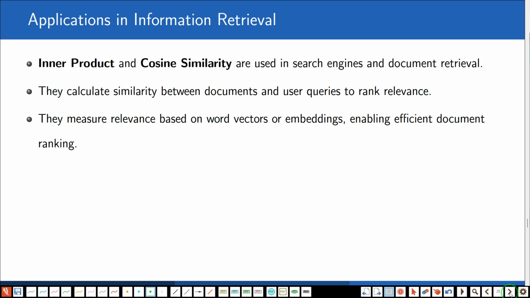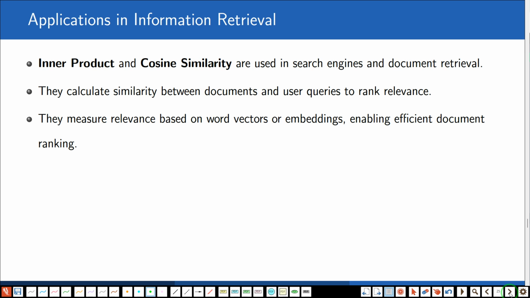And when you're searching for something in a database, or you're using Google, for example, to search, some form of inner product or cosine similarity is actually being used for the documents in the data set. A search engine uses similarity metrics like inner product or cosine to find the documents similar to the user queries.